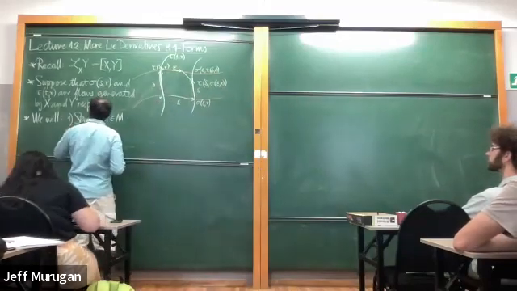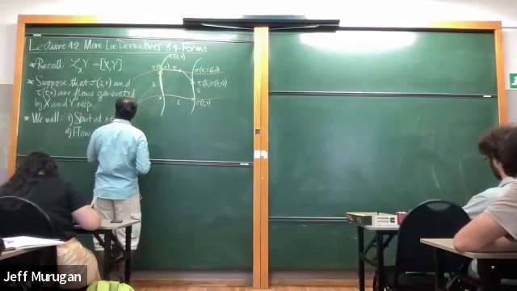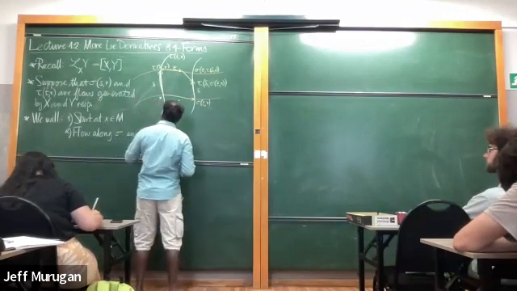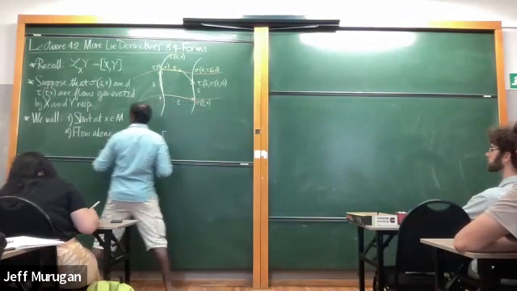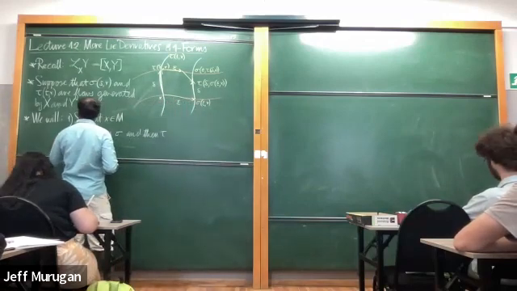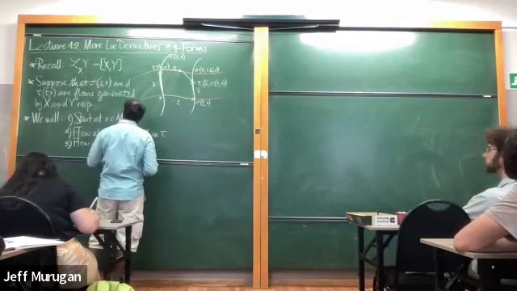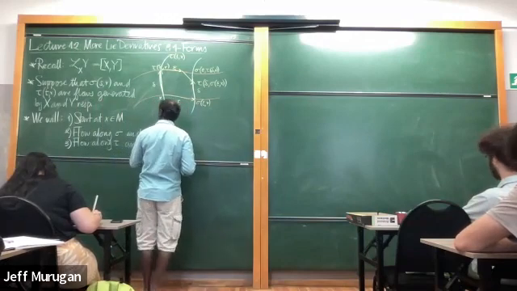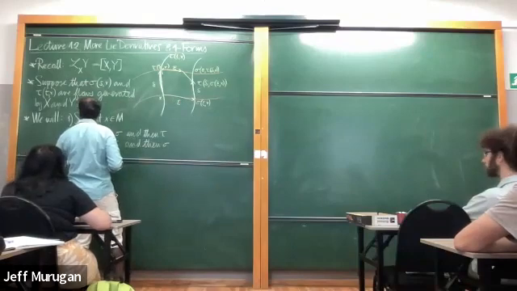So flow along sigma and then flow along tau, first and then sigma, then compare the two.